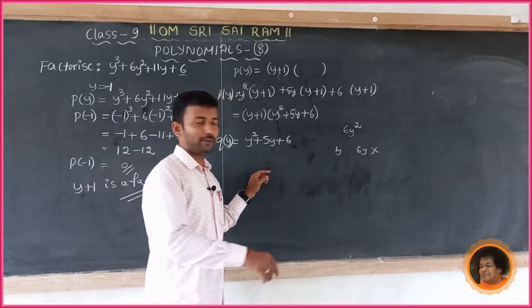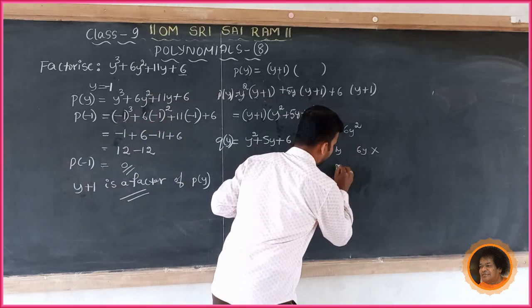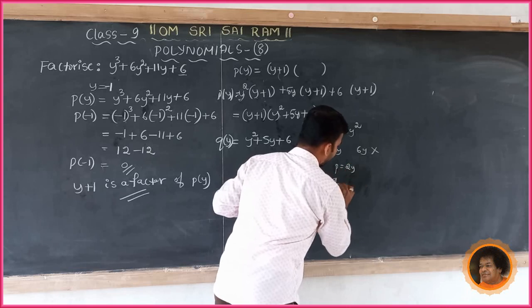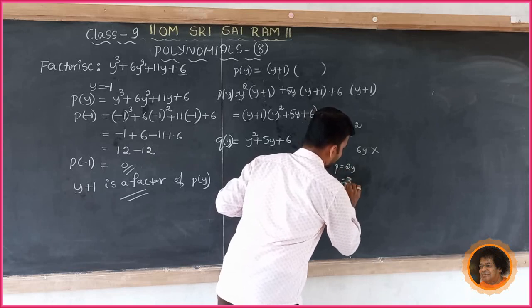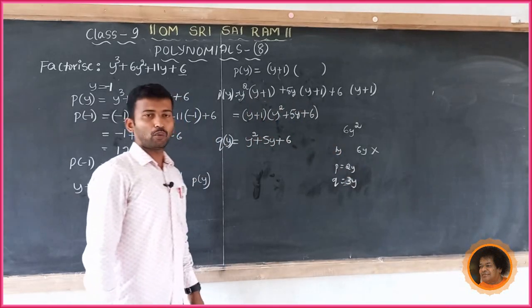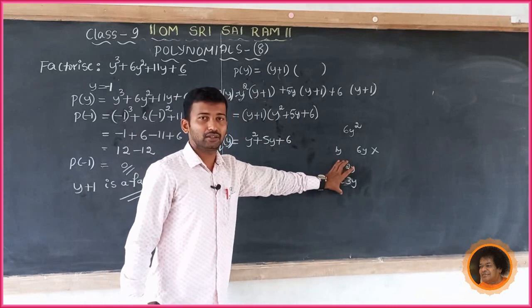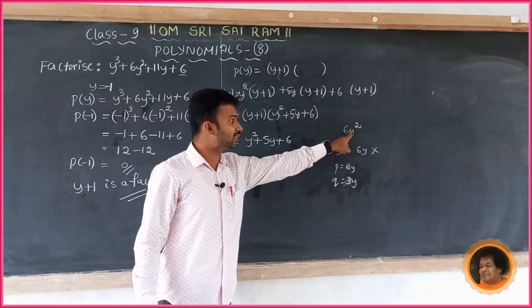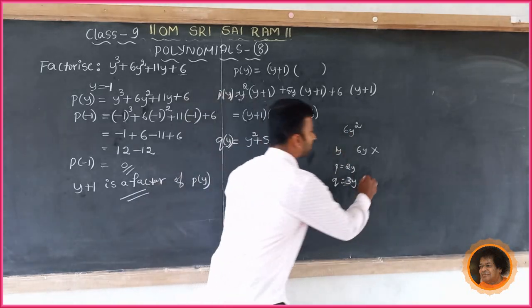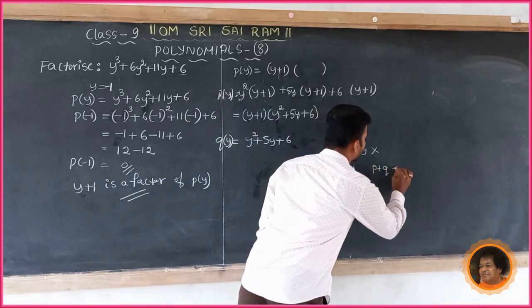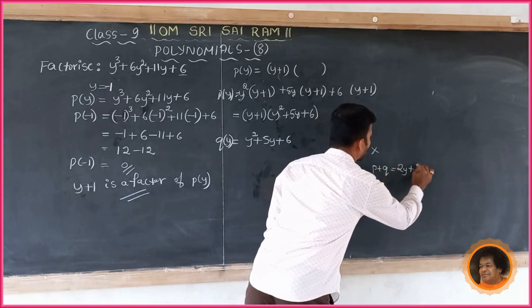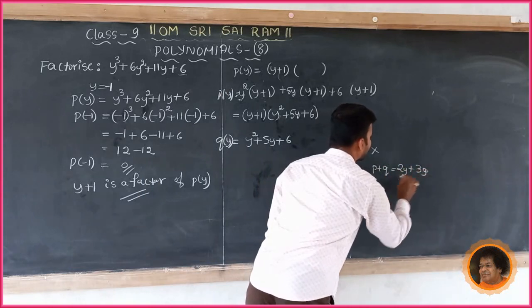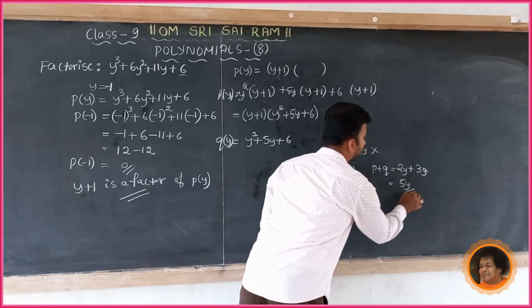Then one more we have, factors of 6: p is equal to 2y and q is equal to 3y. What about these two factors? The product is 2y into 3y is equal to 6y square. What about the sum p plus q? P plus q is equal to 2y plus 3y is equal to 5y.